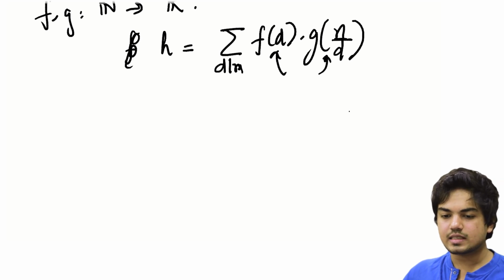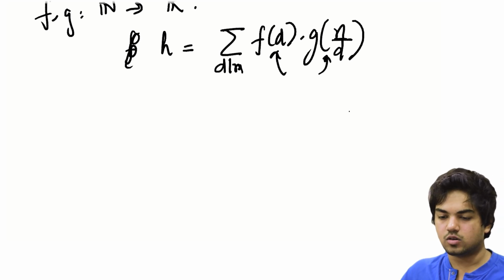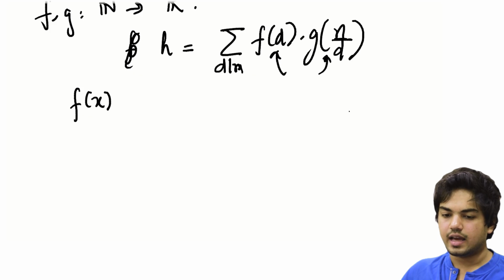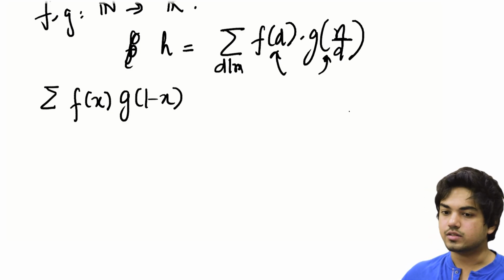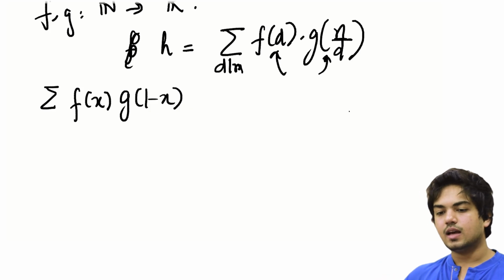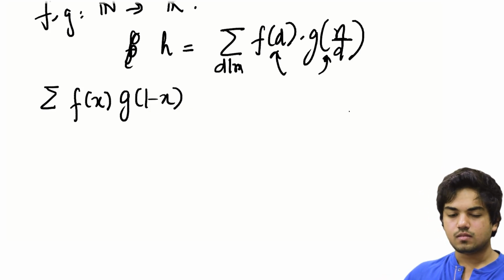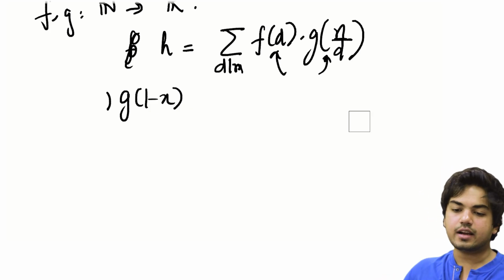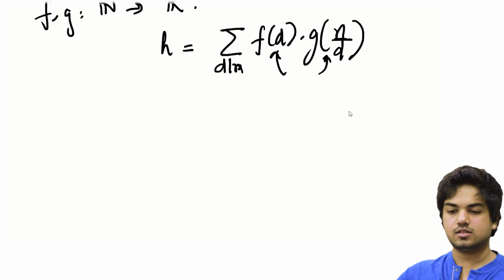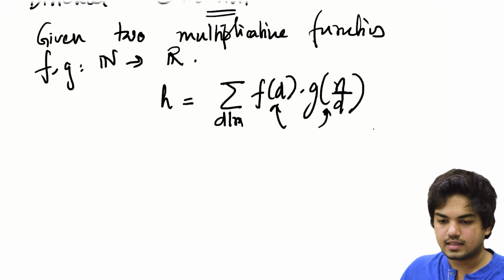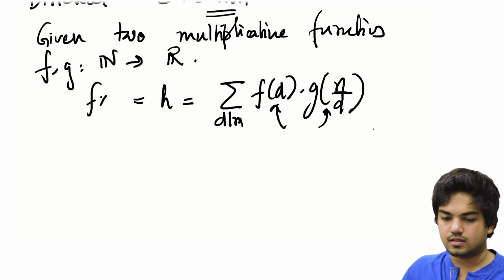In some way, this is also very similar to the other kind of convolution that you get sometimes, which is f of x times g of 1 minus x. You might have seen integrals of this type in your work, whatever your work is, or maybe you haven't. This is a very classic sort of thing, and you can interpret it in many ways. But for now, we will not get into the idea of convolution in general. This is just a nice construction, and we write it as f star g.